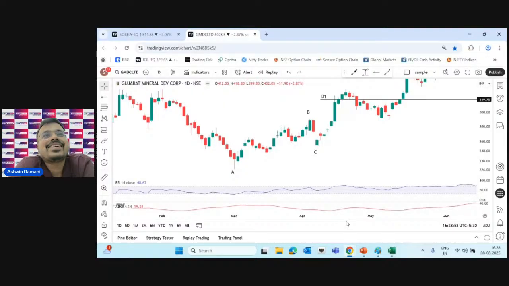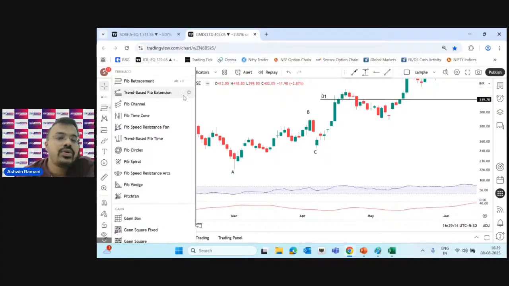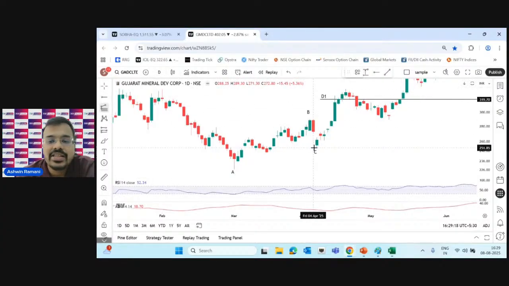Wow, superb. Shankar ji saying we start from C, we go to B, and then we again come back to C. Perfect. I think Shankar ji ने काफी ध्यान से देखा है मेरा लास्ट वाला वेबिनार. Perfect. So it has to be CBC. So I'll take Fibonacci extension. I'll go to trend based Fibonacci extension. I'll have to start with C. So I'll go slightly towards my left.